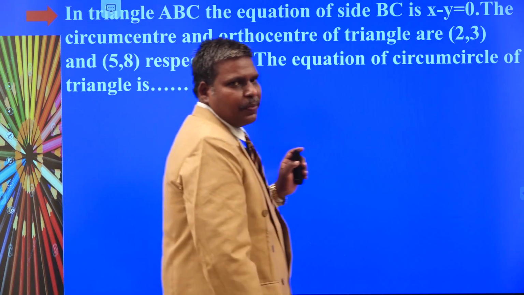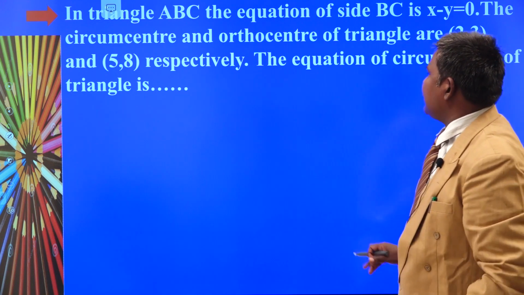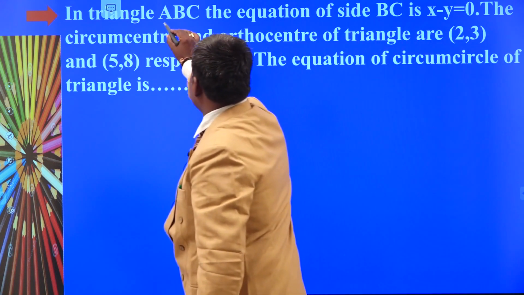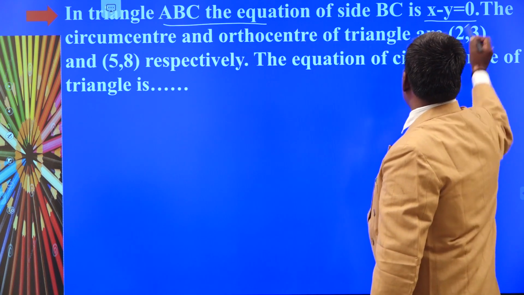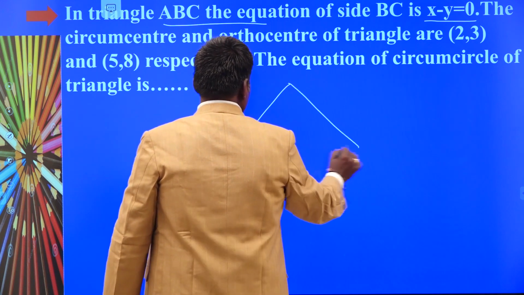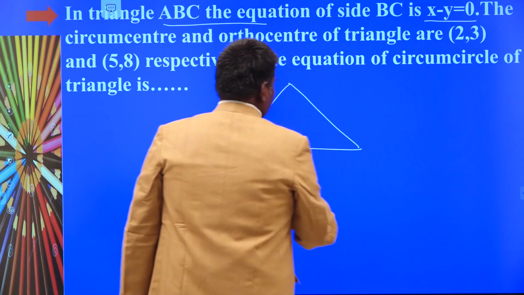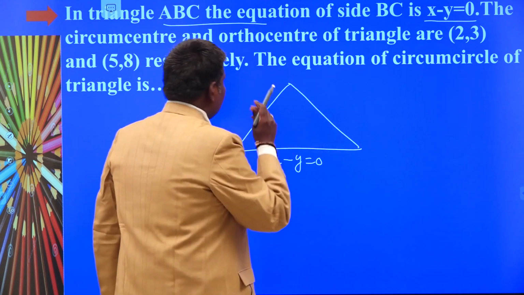This is a similar problem for you. See here, the triangle ABC is there. The equation of side BC is also given to you. Okay, this is the triangle, a rough diagram. The equation of one of the sides is x minus y equals 0.